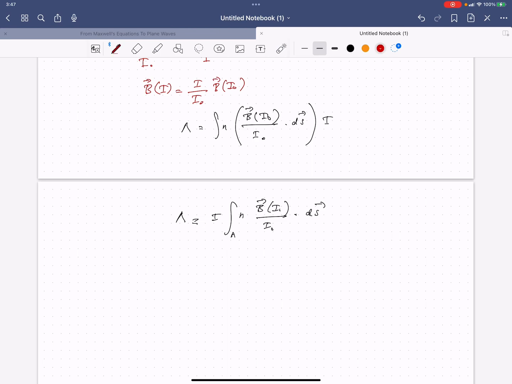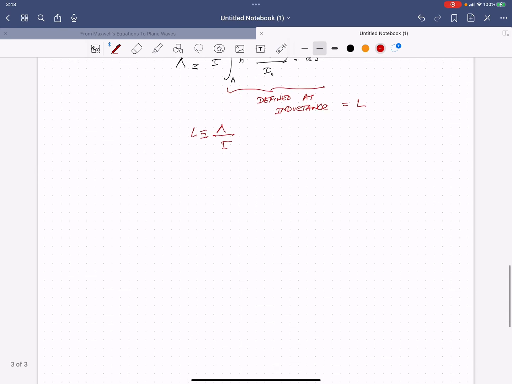And this whole thing in the integral is defined as inductance. So that's L, and L is defined as the total flux linkage over the current. Okay, so that's fine, but we still haven't defined flux linkage.